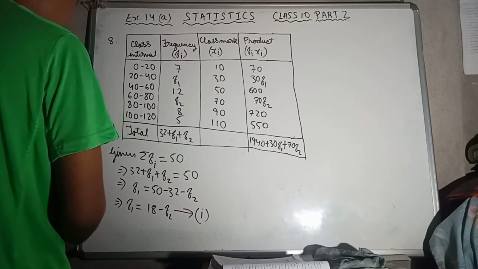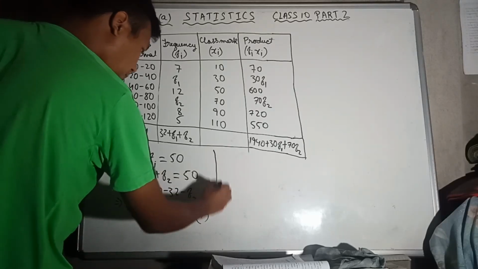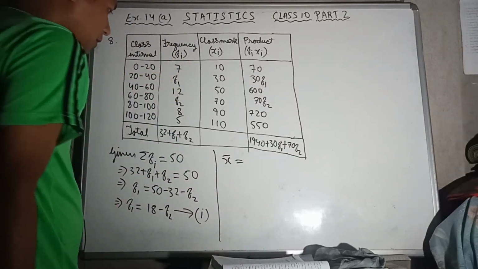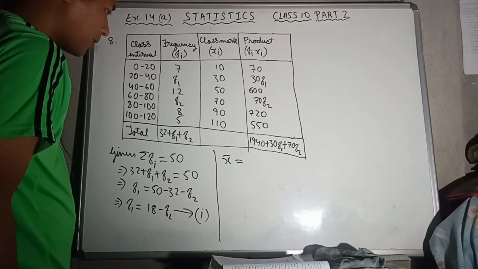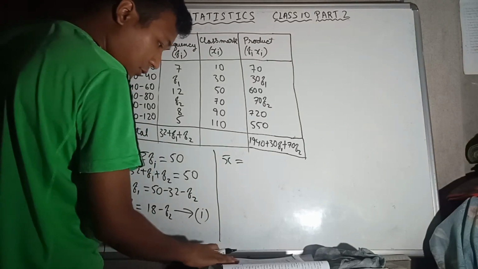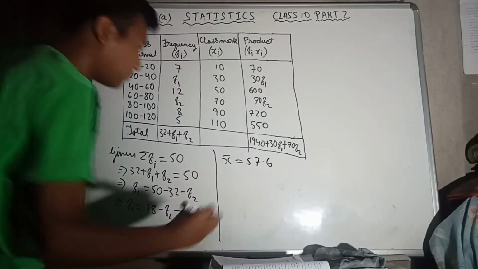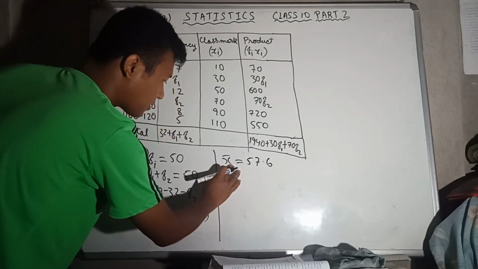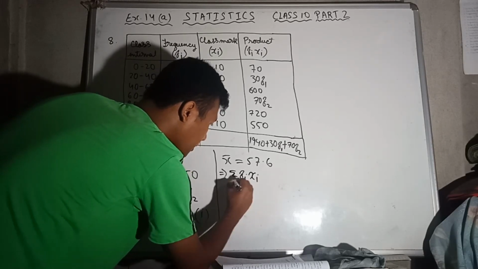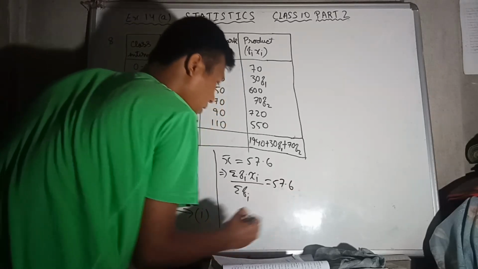Now we have to find f1 and f2. Now the mean. We need the formula for the mean. The mean given in the question is 57.6. So the mean formula is summation of fi xi divided by summation of fi is equal to 57.6.